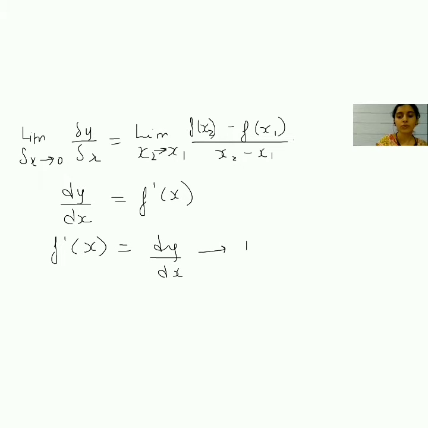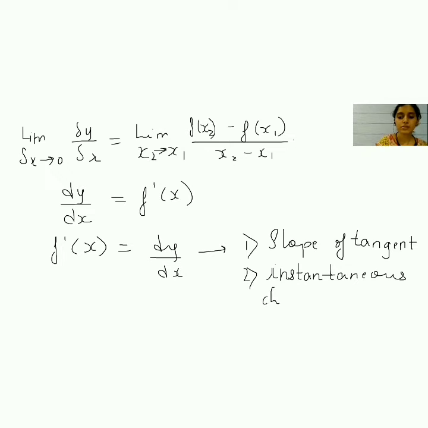One, it is the slope of the tangent, and second, you can say it is the rate of change, or instantaneous change in y with respect to instantaneous change in x.